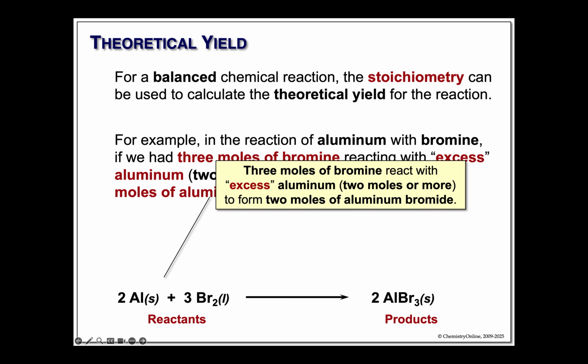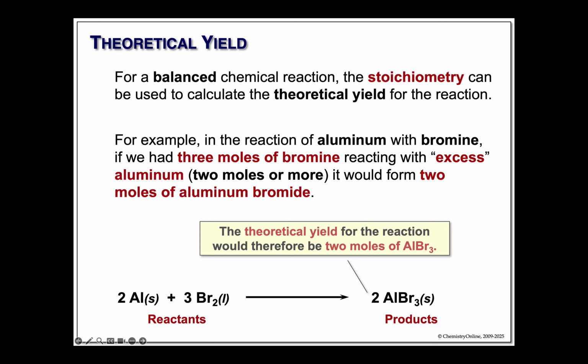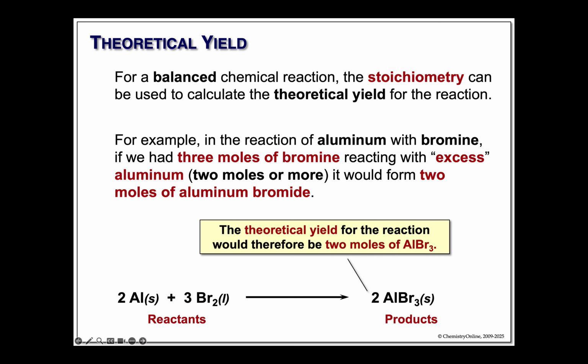Two, 3 moles of bromine, excess aluminum, 2 moles of aluminum bromide. So, theoretical yield, we would say, would be 2 moles. That's simple. In lab, you calculate yield every time you do a real reaction to see how good you're doing.